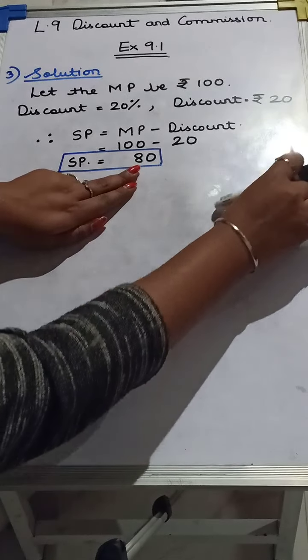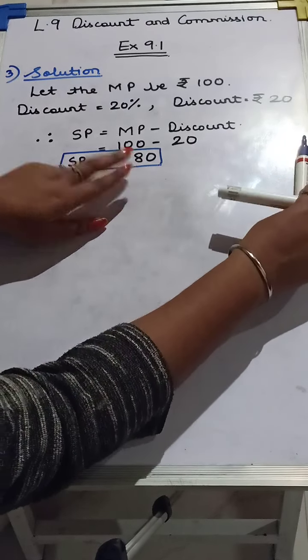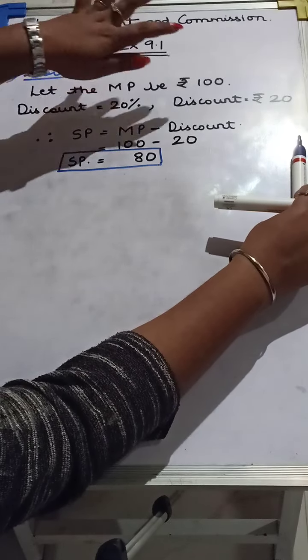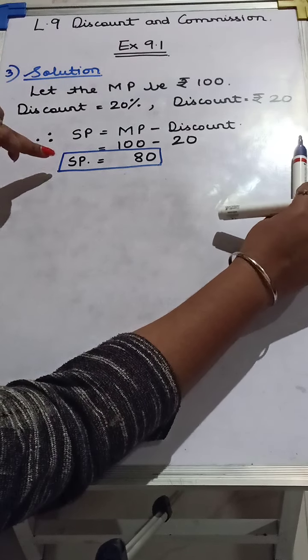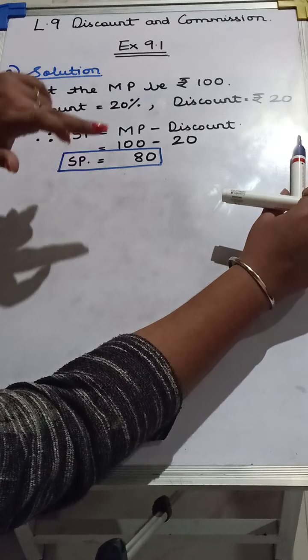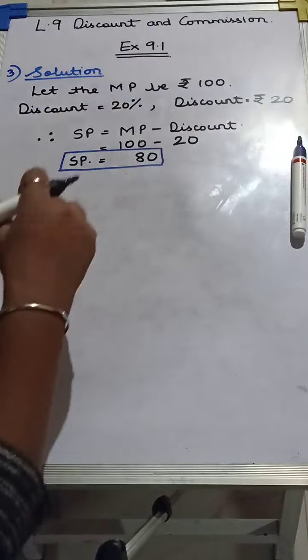Now this is also the selling price which we are assuming, because here we have assumed marked price as 100. So this is also the assumed one, that we are assuming that selling price is 80. Now if the selling price is rupees 80, now already you know that the selling price is 80.